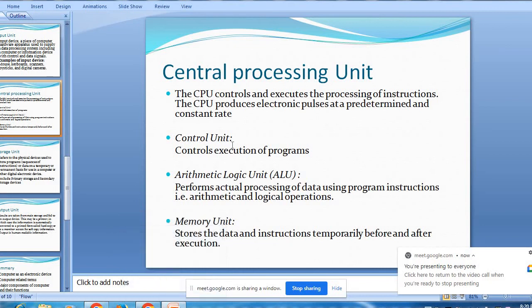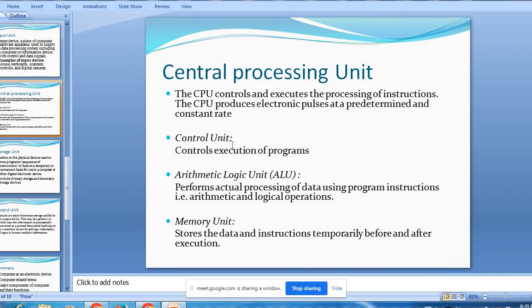Another unit is the central processing unit. What happens inside that unit? Nancy? I have set the screen, you can read for us.